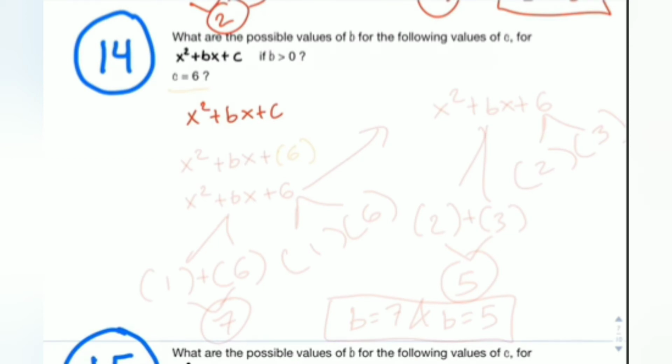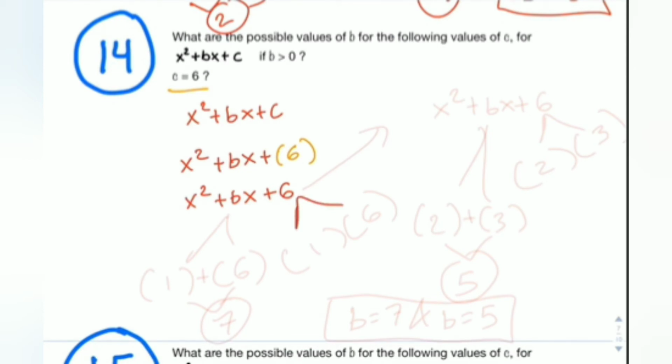Good, I just wanted to go over that. So now let's plug it in: plus bx plus, what's c? C is 6. When we substitute, we always put it in parentheses. So now let's write everything again in one color. This time there's no pirate, so we just write in one color.